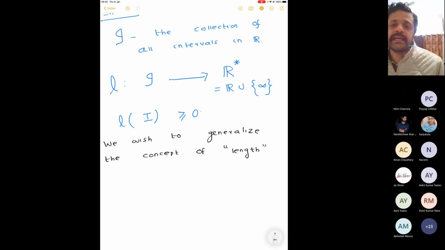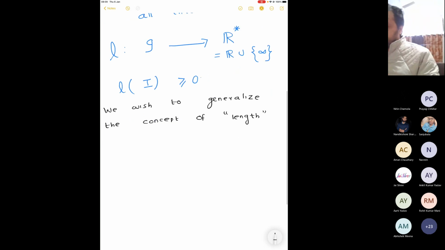So what exactly I am looking for is, instead of a function small l from script I to R star, I am looking for a function, let us say mu, from, to be ambitious, I can start with 2 power R, the power set of R, and I can look for a function mu from 2 power R to R star.